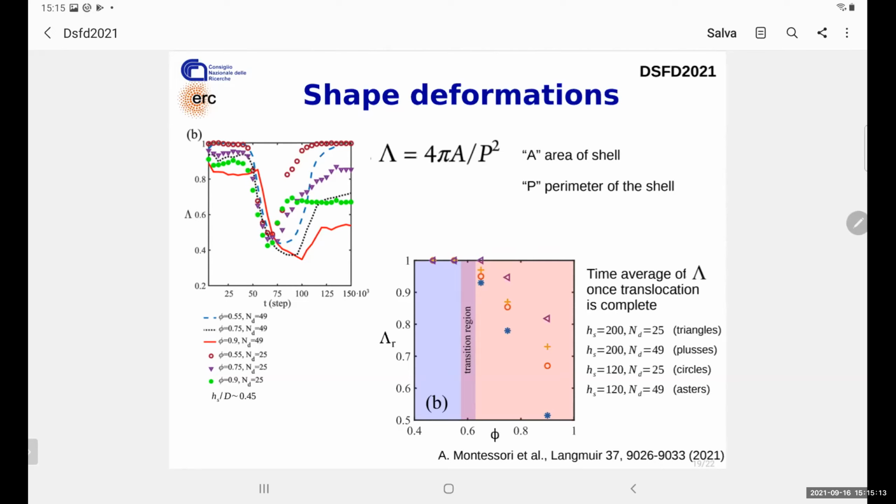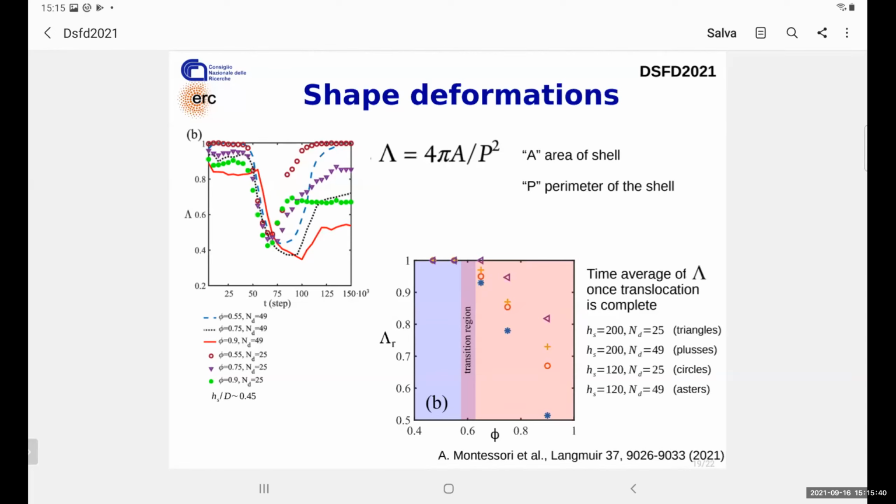Then it gets very low when the emulsion crosses the constriction, and it remains constant at a much lower value than the initial one, meaning that the deformations become permanent in this configuration. Whereas if the area fraction is low, in the first plot, the white circles are restored to 1.